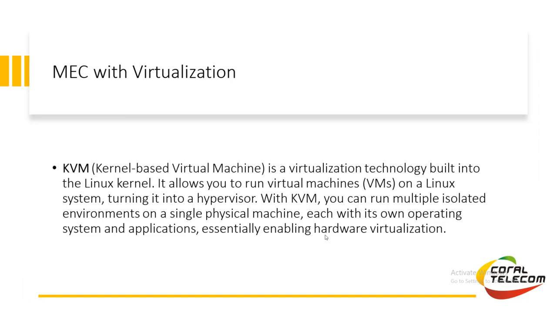These are virtual machines running on the virtualization layer. KVM is a kernel-based virtual machine, a virtualization technology built into the Linux kernel. It allows you to run virtual machines on a Linux system, turning it into a hypervisor. With KVM, you can run multiple isolated environments on a single physical machine, each with its own operating system and application, essentially enabling hardware virtualization.